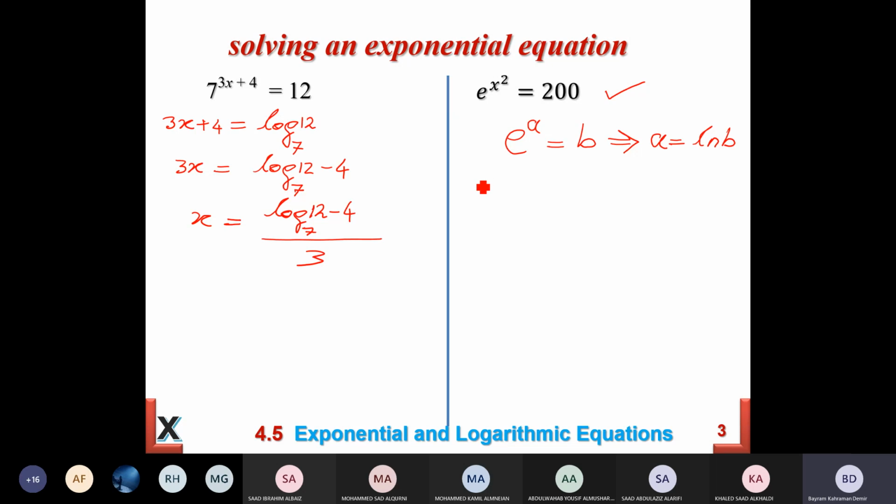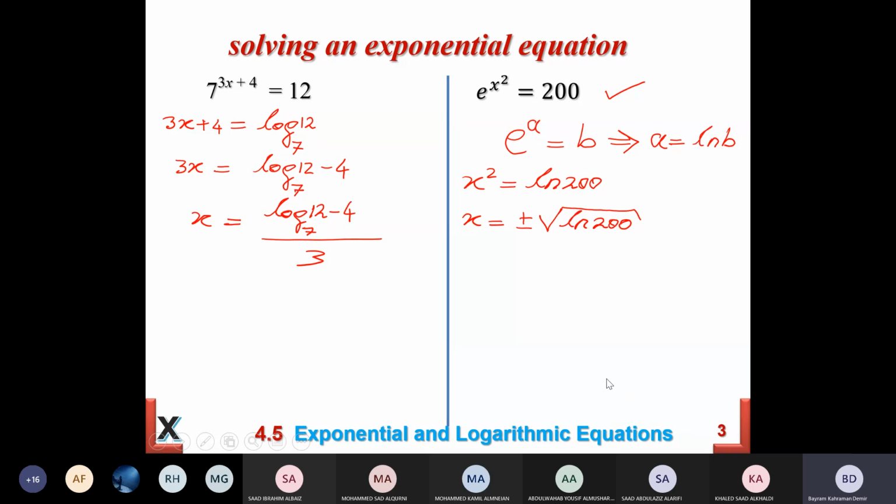So in this case, we have x squared is equal to ln of 200. Remember, ln means a logarithm with base e. So I need x, of course, by taking the square root. So you will get positive or negative the square root of ln of 200. All right, that is the solution.